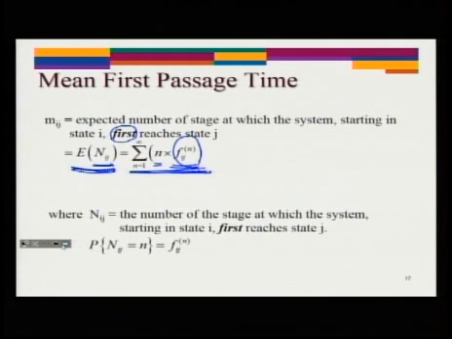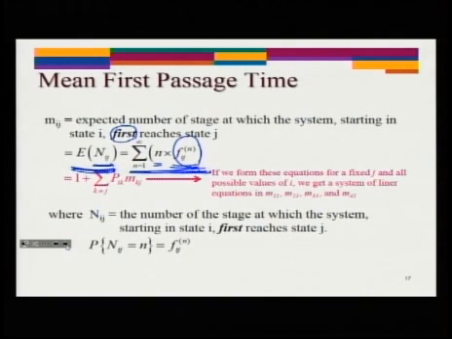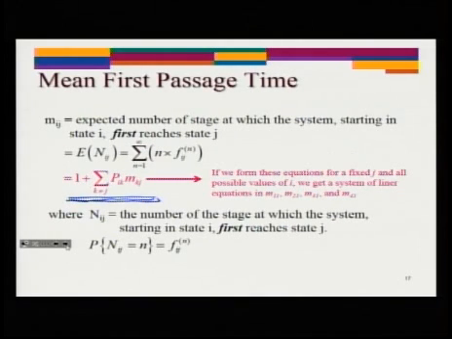And actually, there is another way to compute this infinite sum, which is using this formula. This is the formula that you can use instead. This is how you do it when you use this formula to get m sub ij.